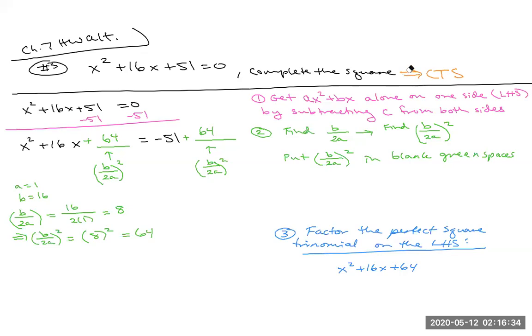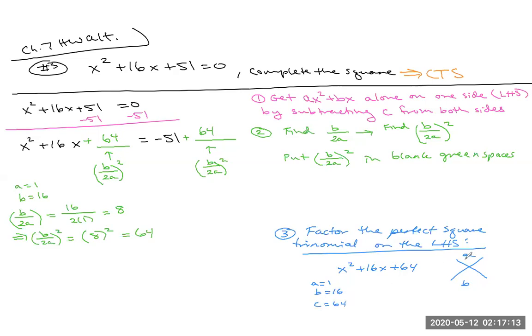So basically what you can use for this, you can use the AC method, which is honestly what I would suggest. Since we've been doing the whole remote thing and everything's been happening pretty fast, I would prefer that you do use the AC method if you're not comfortable remembering the different types of special factors. So for this one, if you were to use the AC method, we have A is 1, B is 16, C is 64.